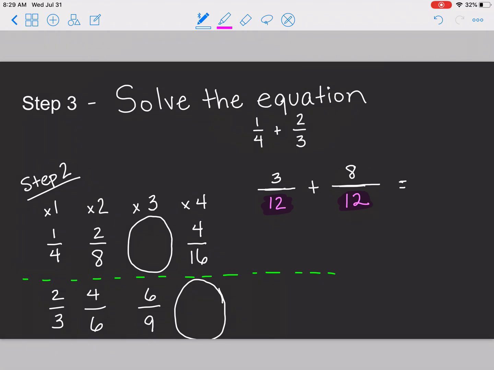They just carry over. So I say 3 plus 8 is 11. And then I simply bring my denominator over, 12. So my final answer, because I cannot simplify this fraction, is 11/12.